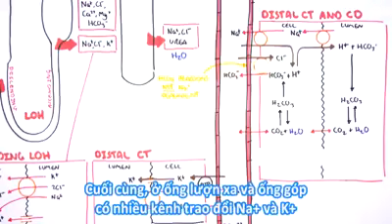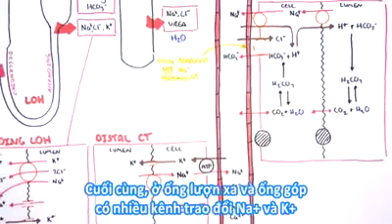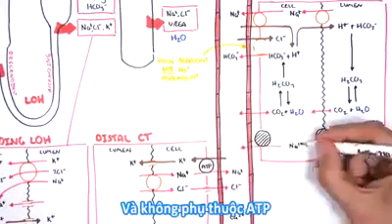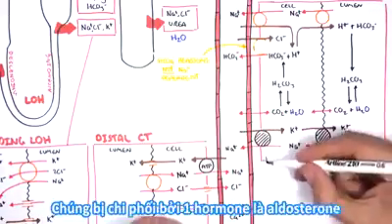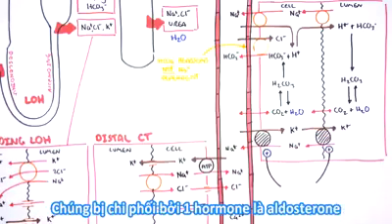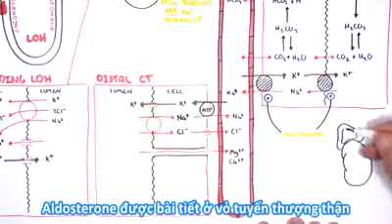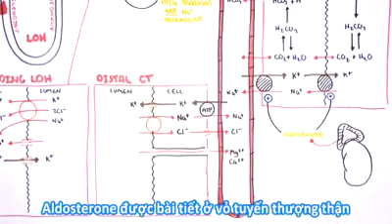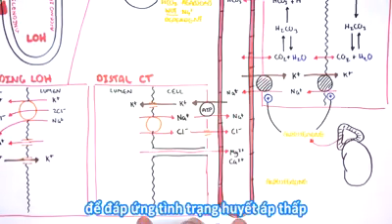Finally, within the distal convoluted tubule and the collecting duct, there are many channels which exchange sodium and potassium, and not necessarily ATP dependent. Rather, it is controlled by an important hormone called aldosterone. Aldosterone is a hormone produced and secreted by the adrenal glands, specifically the adrenal cortex, in response to low blood pressure.